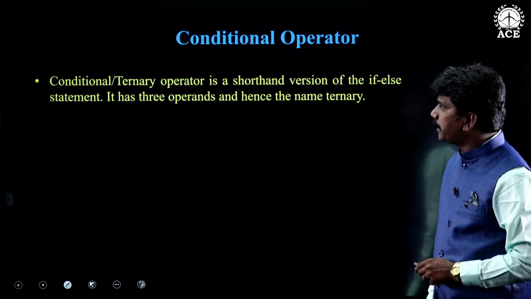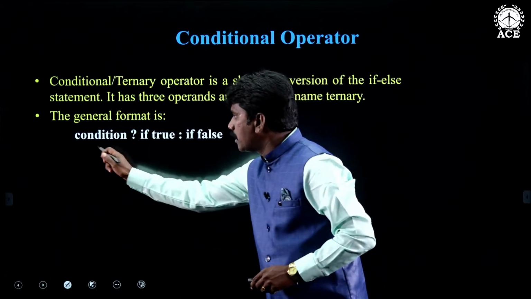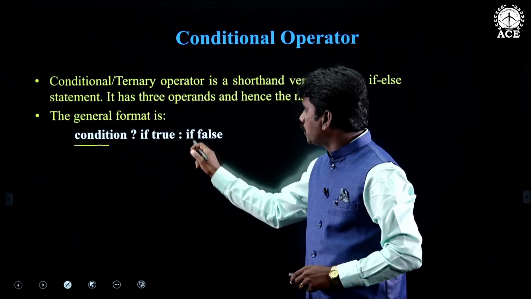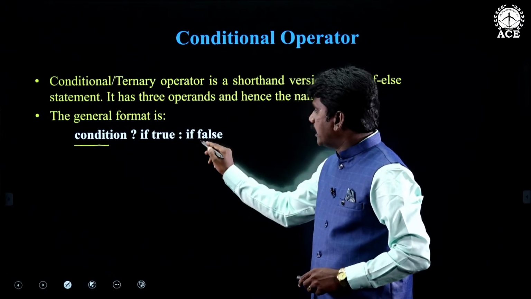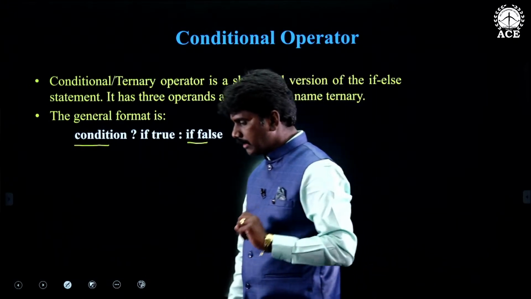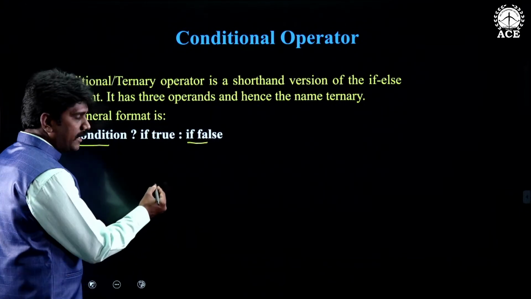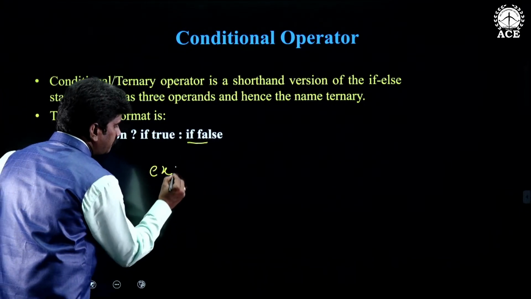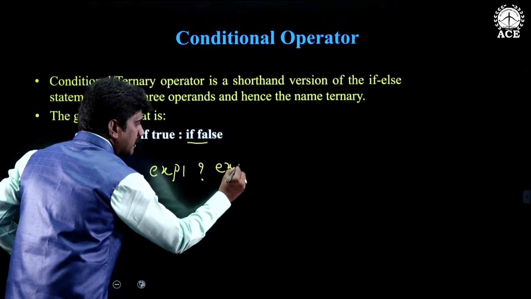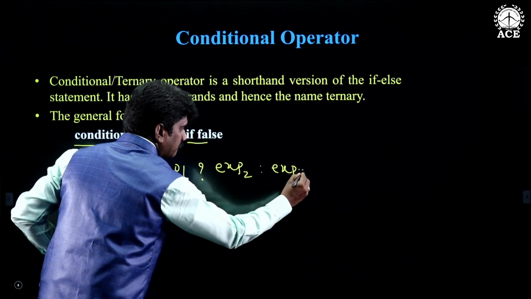How the conditional operator will be is, we are having the syntax like this: condition, question mark, colon, and we are having the next expression. How is it going to work? Let me take another way for the same thing, like expression 1, question mark, expression 2, colon, expression 3.